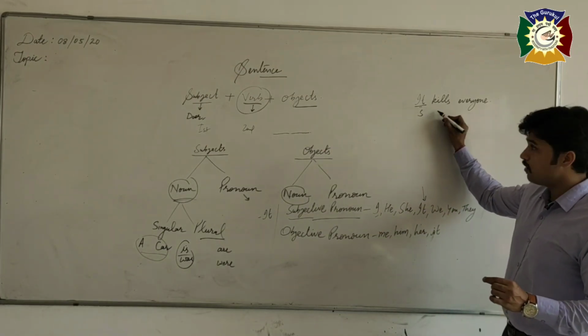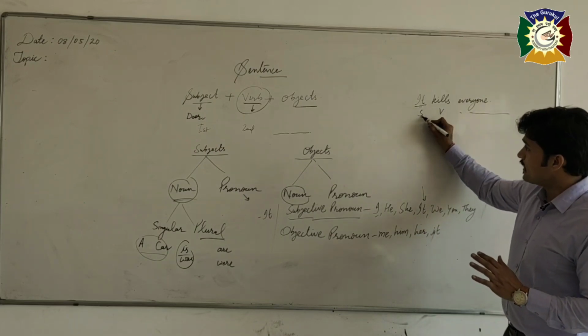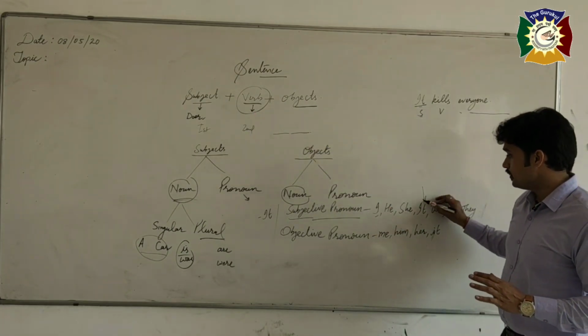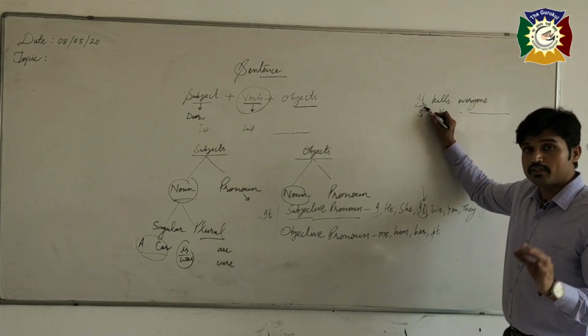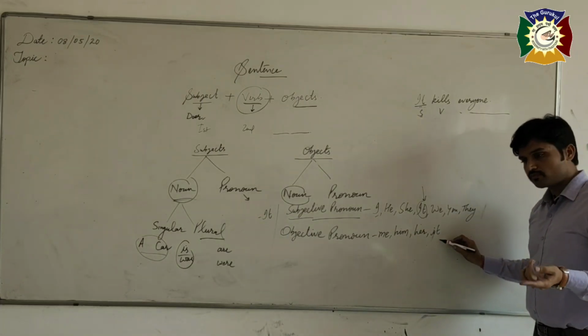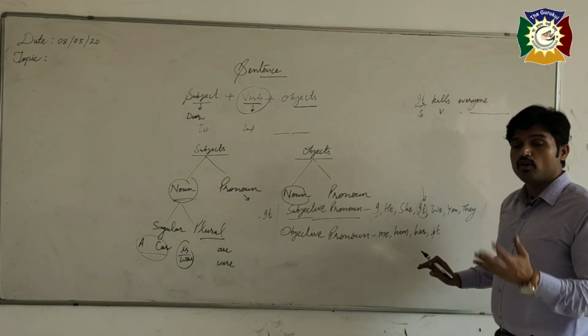See, subject, verb, object. Now this S means subject. So here is the subject, and this subject means this is a doer. What do we mean by this it? The meaning is different, but it is not subject, it is object.